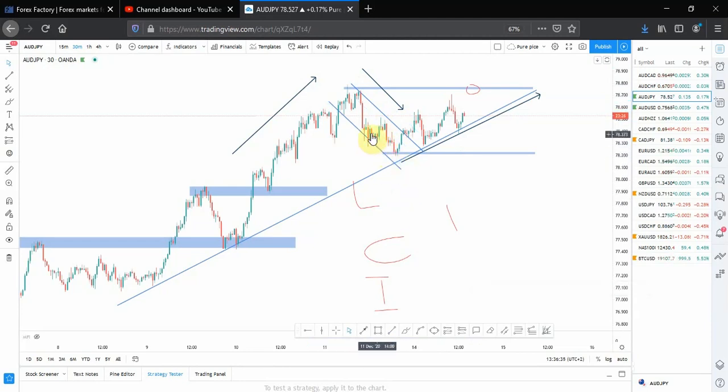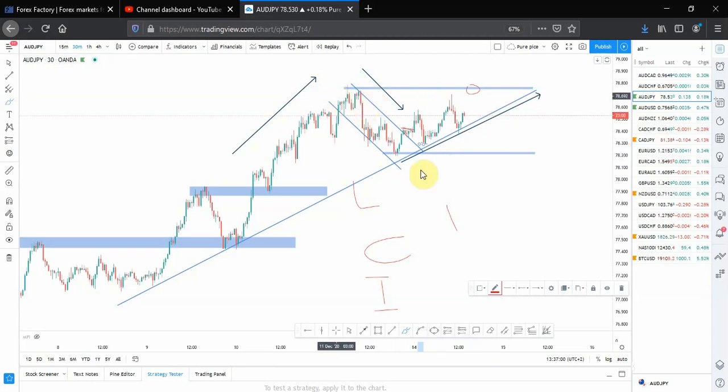Once this channel is broken, that's where you trade with the impulsive, meaning that's where you enter impulsive here or in the retest here. So it's either you wait for it just to break out or you trade a retest. It's up to you. Now that's where the patterns come in hand. That's the last part, the patterns, because we trade with them.